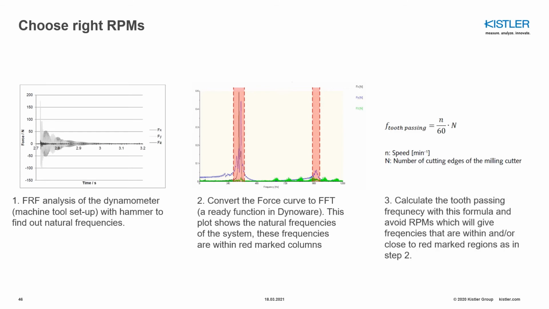And then later on you can utilize the equation, as you can see here, the tooth passing frequency as a function of the RPM, and that should end up in a frequency that is not close to or inside of these regions where you have the natural frequencies, because if you are too close or inside, then you will have resonance vibrations. That's why you really have to follow step by step and understand the frequency response function of your system.